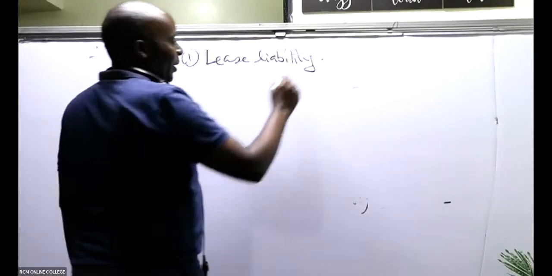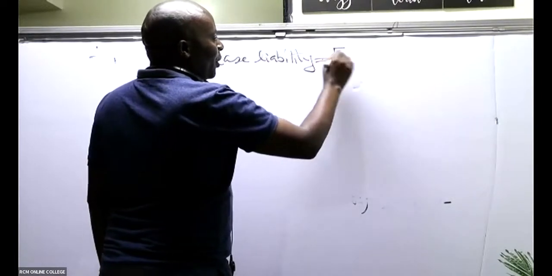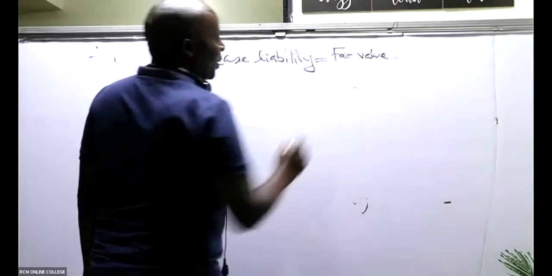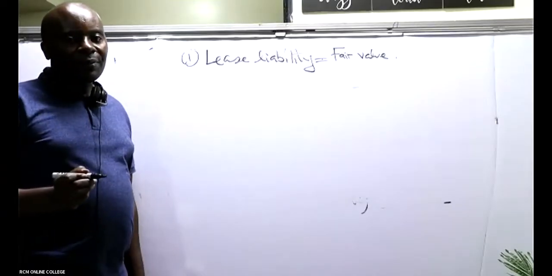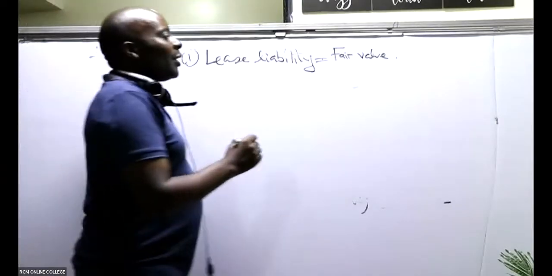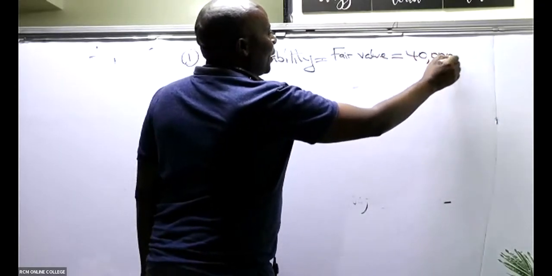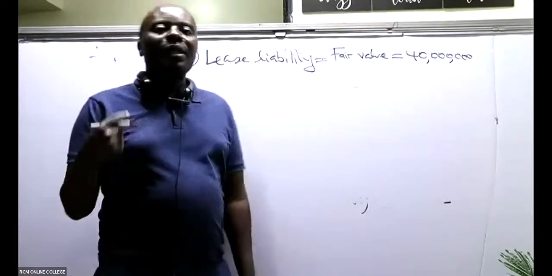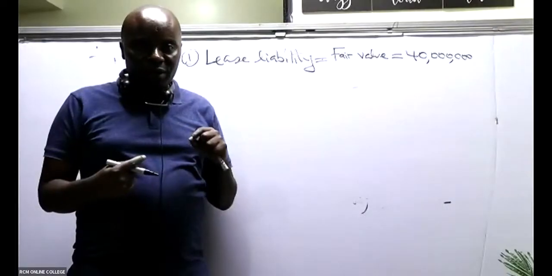How do we get this? First of all, this lease liability is always equal to fair value of the asset, or market value of the asset. Like in this question, they have told us that the fair value is 40 million. So automatically it means that as this tenant is taking up this space, he should be willing to pay the market value.